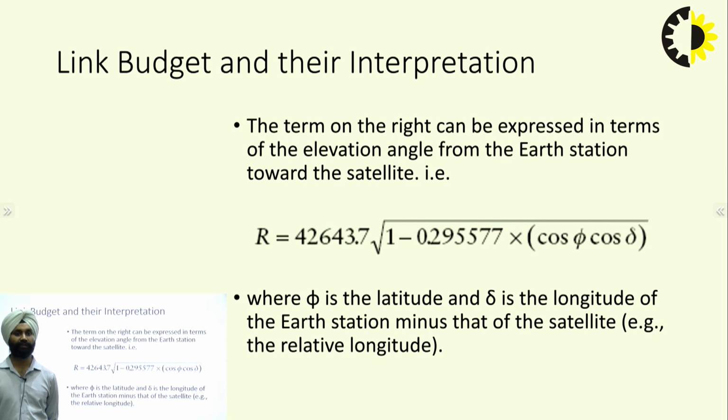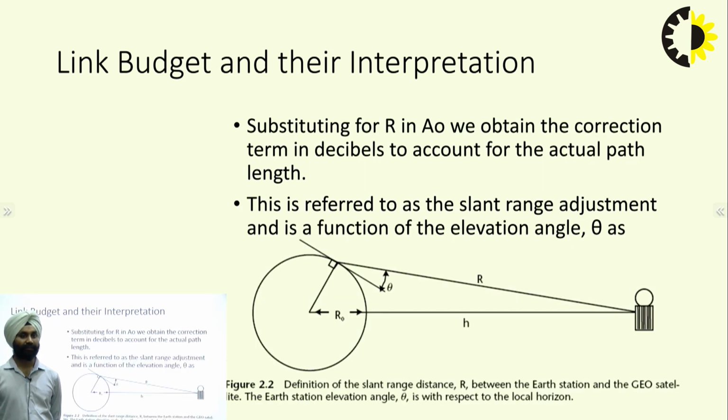Phi is the latitude and psi is the longitude of the earth station, taken relative to that of the satellite, for example the relative longitude. This can be clarified from this figure. Here this is the angle theta, the difference between these two.